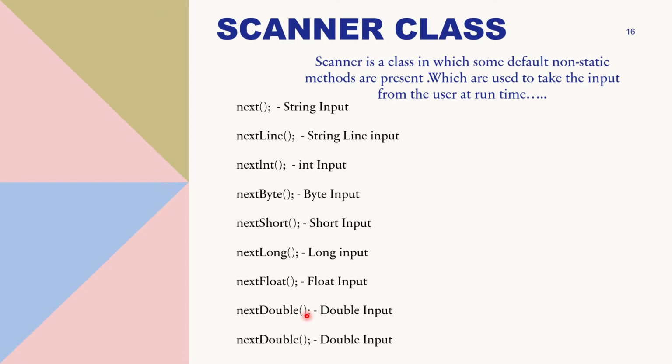How to use the scanner class, how to take values from user input. Okay, from now onwards, I will take input from the user. I will enter input at runtime. Yeah, I will explain this program. I will use the scanner class from now onwards. In every class I have written, I will write it from now.